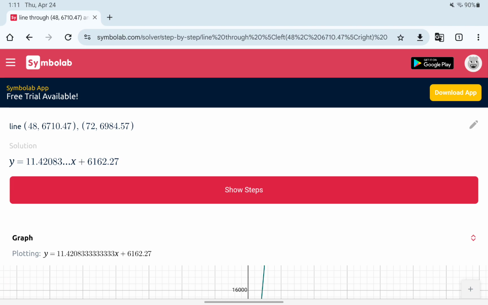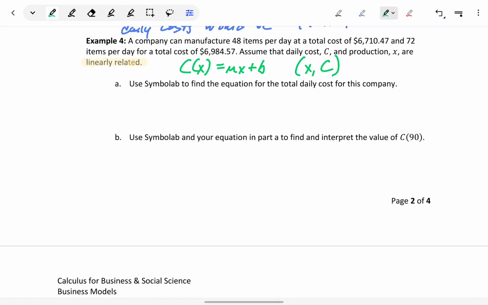We'll round those resulting values to about 4 decimal places, resulting in a cost function C of x is equal to 11.4208x plus 6,162.27.